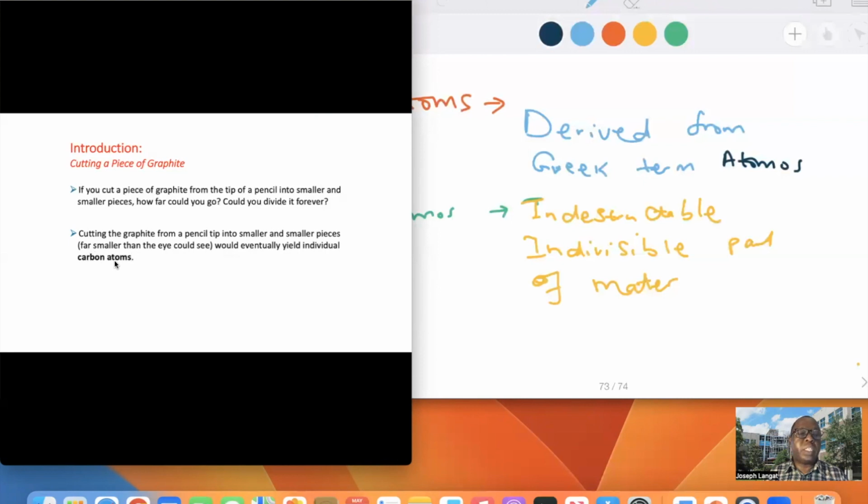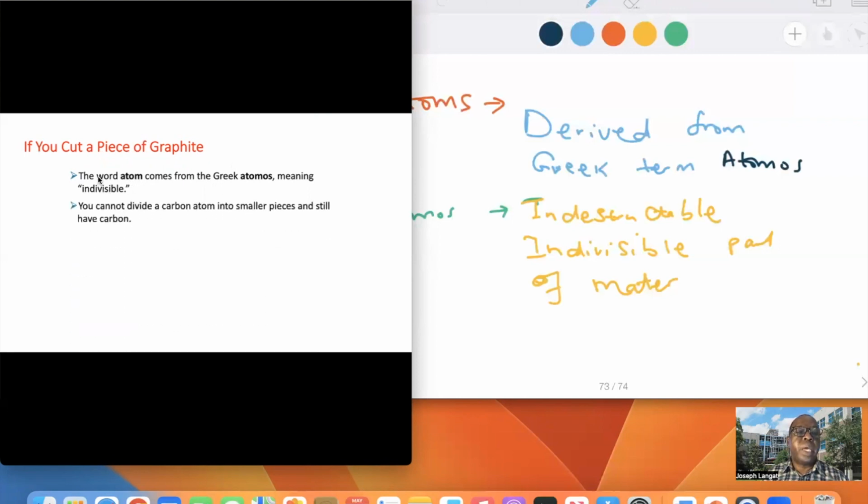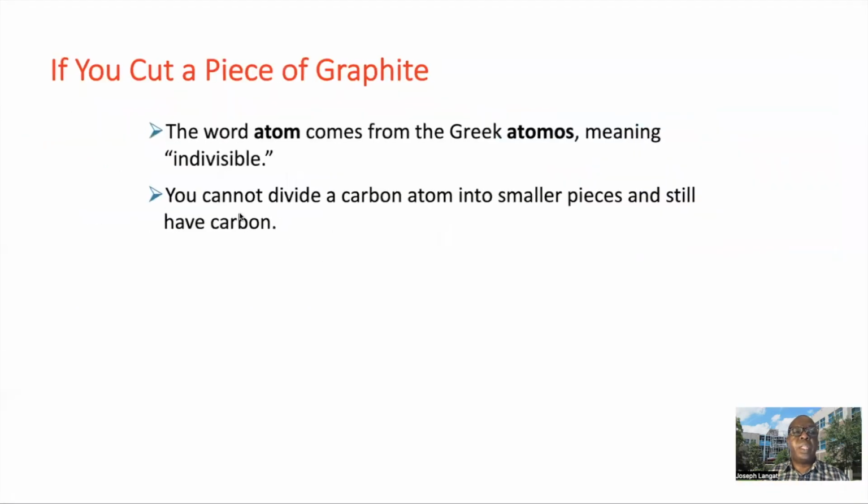Remember, graphite is made up of carbon. If you cut that, you'll end up with what I just defined, the atom, which means atomos in Greek. Atomos means indivisible, indestructible.